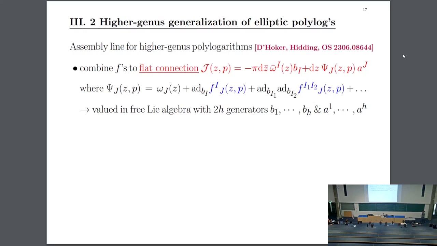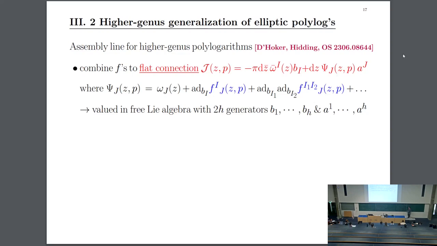But not so with this non-holomorphic part, which these single-valued kernels involve. So to get a flat connection, you first of all have a dz bar piece, and that one we decorate with a non-commutative letter b_i. And then we need an infinite tower where all the f kernels are sitting. I guess this is the more obvious part of the construction.